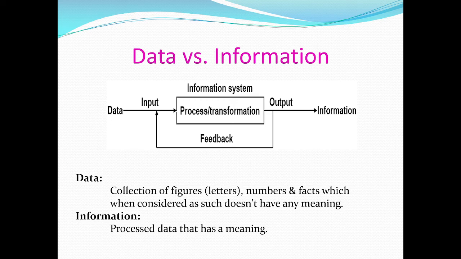One, it is a meaningful collection which can be used for further tasks. Or second, information is processed data that has a meaning. Here the computer system plays a major role by taking data as an input, processing that data, and presenting it in the form of information which can be used for further utilization.